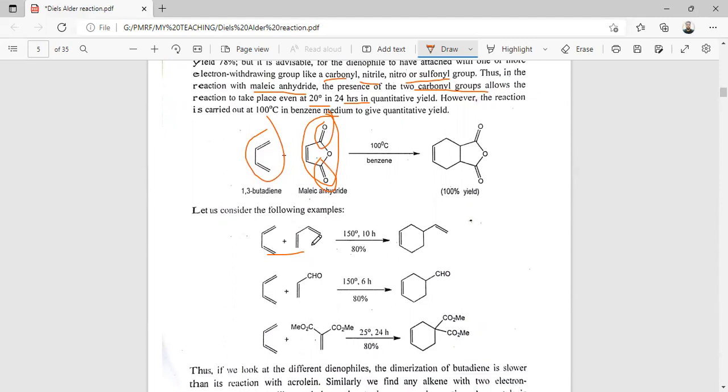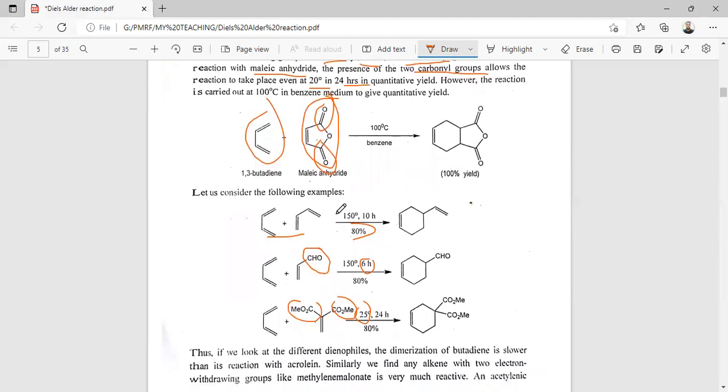The first reaction at 150 degrees and 10 hours gives 80% yield. When one electron withdrawing group, the aldehyde group, is present, the reaction goes in 6 hours. And when two ester groups, which are electron withdrawing, are present, the reaction goes even at 25 degrees C. So we can see that electron withdrawing substituents on the dienophile make this reaction more feasible.